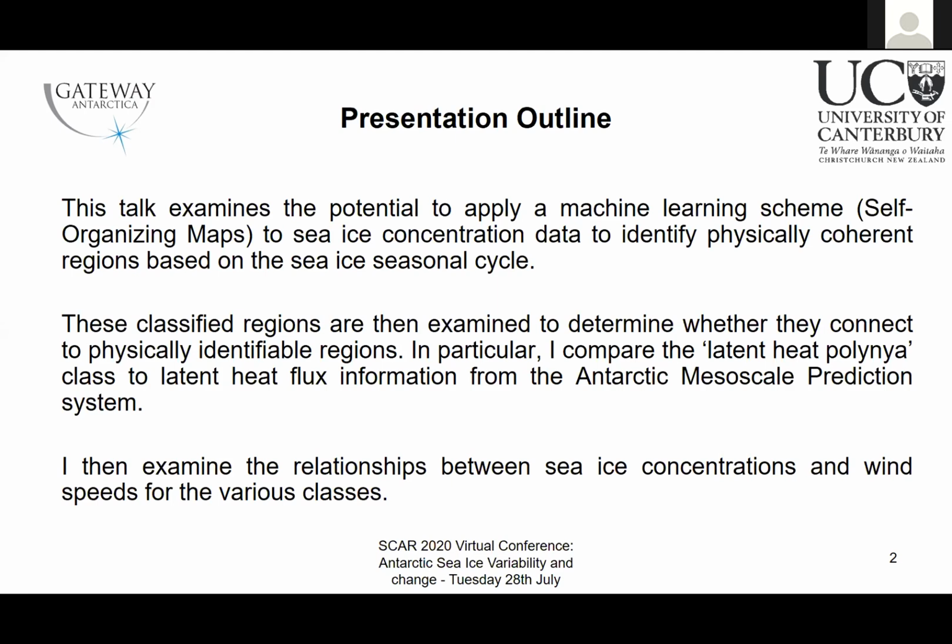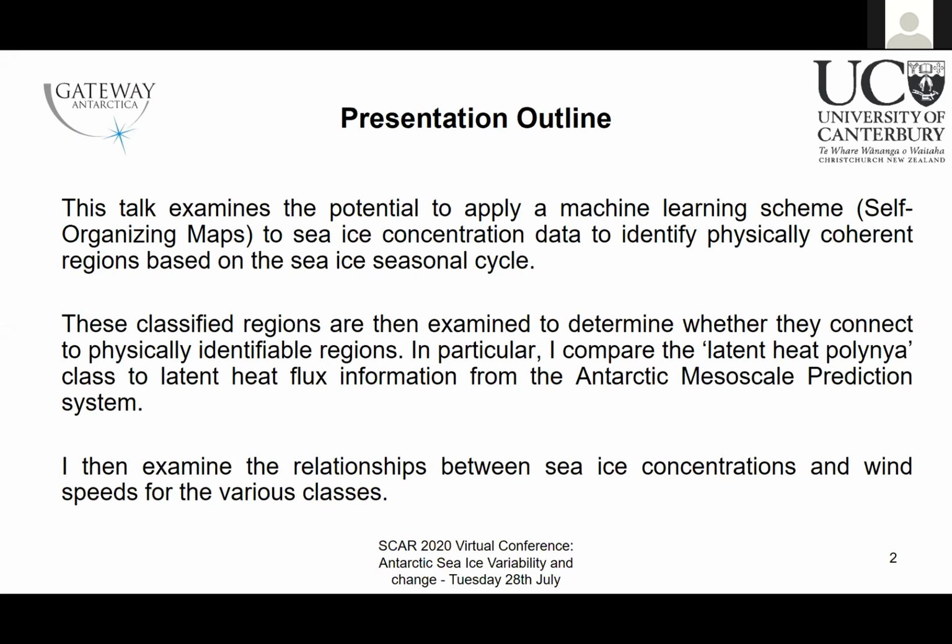I then look at those coherent regions, or those classified regions, and examine whether they're connected to physically identifiable regions or classes. In particular, I compare the latent heat polynya class from the sea ice data to latent heat flux information from the Antarctic Mesoscale Prediction System.